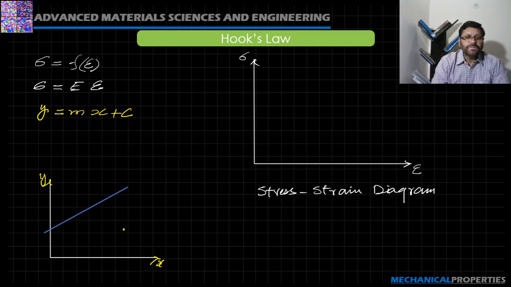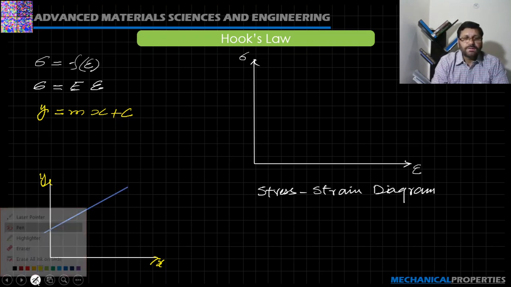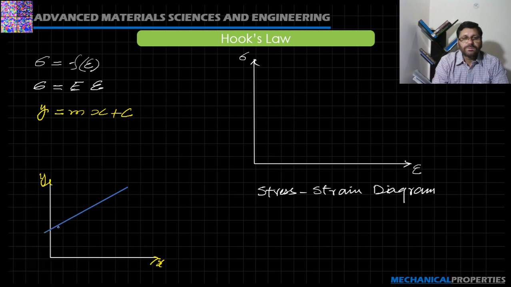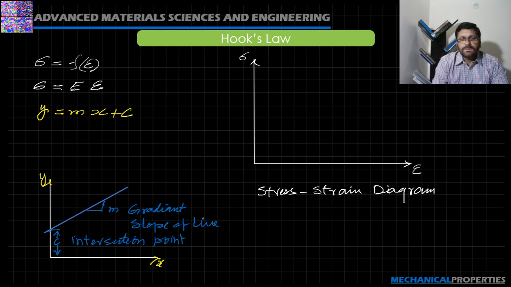Now here c represents the intersection point which intersected the y-axis at C, and m is the gradient of the straight line or slope of the line.